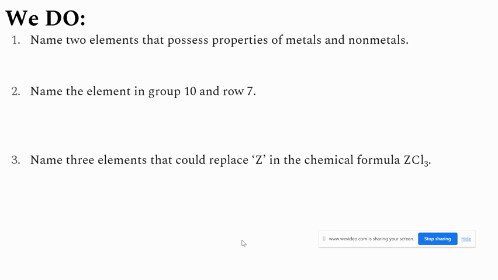Name the element in group 17, row 4. So what's group 17 called? What do we give that for a name? I'm going to add an extra one in here. What are the two elements with unreactive gases? Pick any noble gas. Okay, thank you.